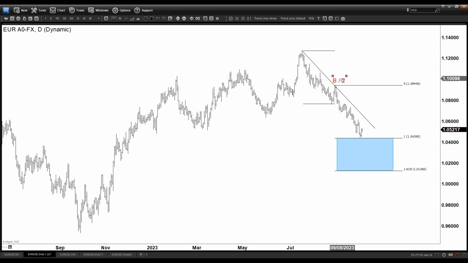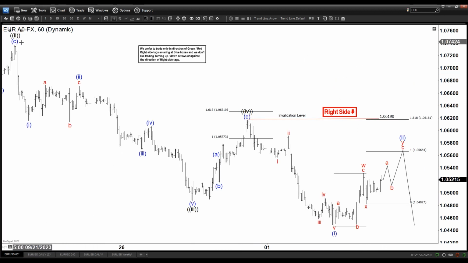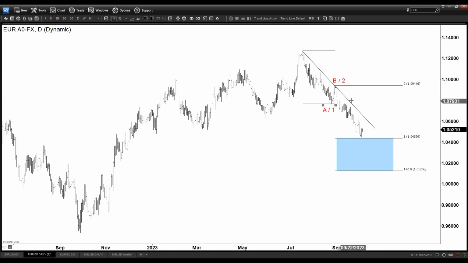Doesn't matter, B or 2. And this is A or 1. Right? So, let's put down the 2, which is around, what is it, like 107.37, say somewhere here, right? This is a 2, this is a 1, right? And according to the 1 hour, this is a 3, this is a 4, right?